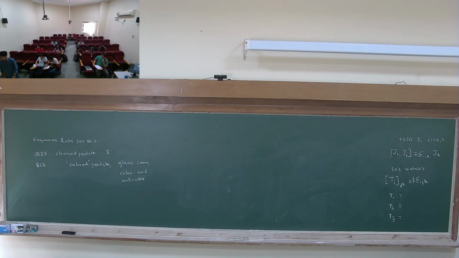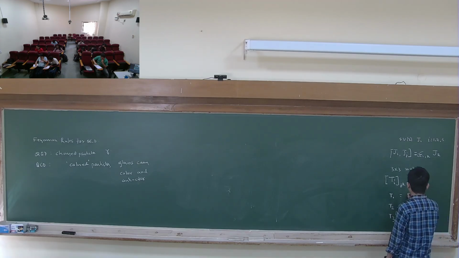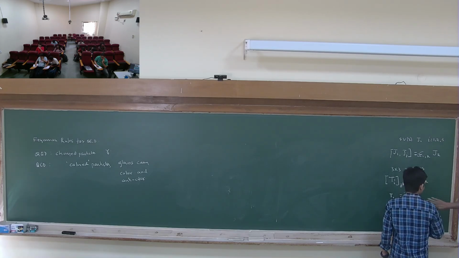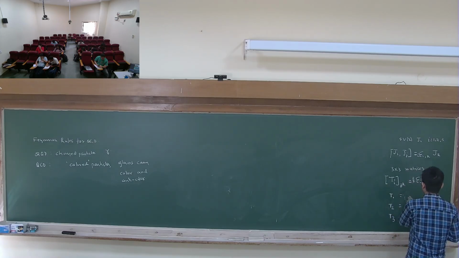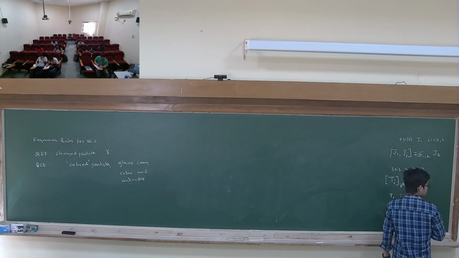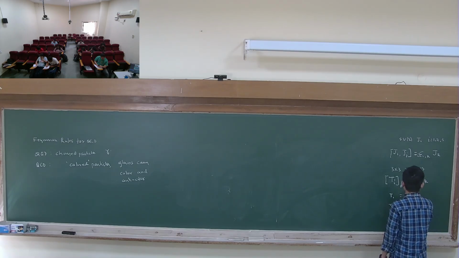So there are 3 of them, and each of these is now a 3 by 3 matrix. Okay, so let's write down the elements. Write a 3 by 3 matrix for T1, whose jkth element is given by (T1)_jk.